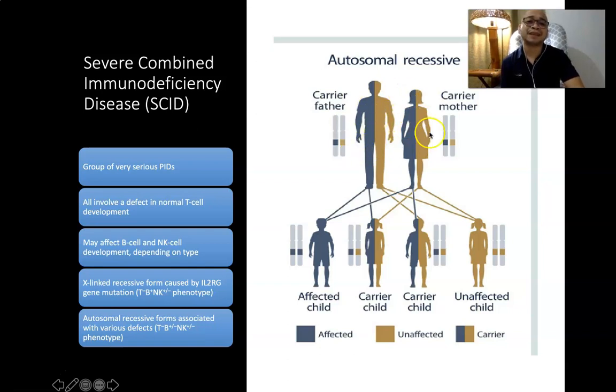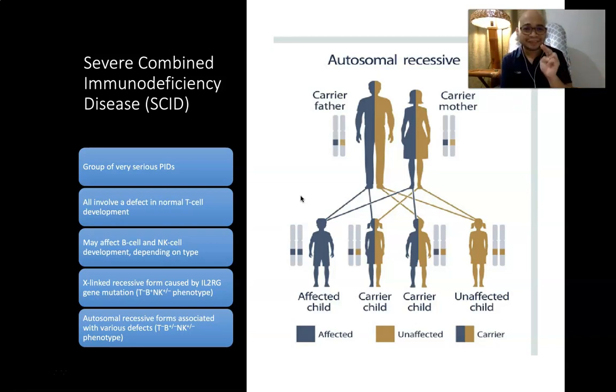If both parents are carriers, there is a 25% chance, or 1 out of 4, that a child will be affected. Half of the children would be carriers, and another 1/4 would be unaffected.